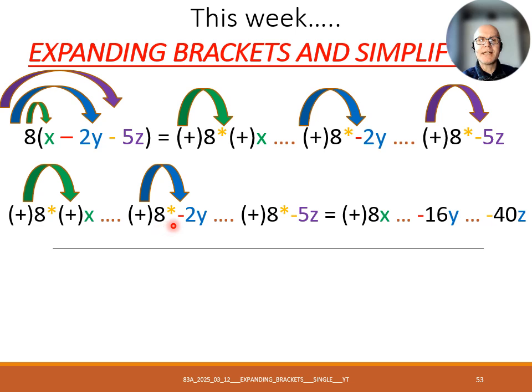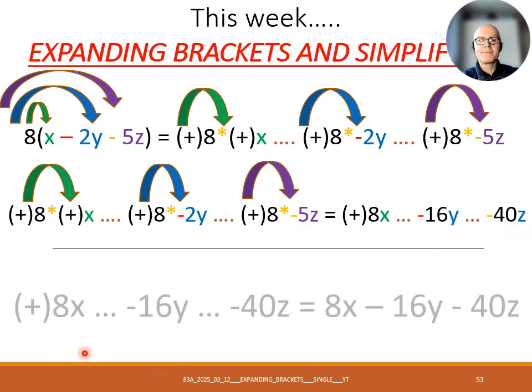Positive 8 times negative 2y equals negative 16y. Positive 8 times negative 5z. Positive times a negative equals a negative answer. Positive 8 times negative 5z equals negative 40z.